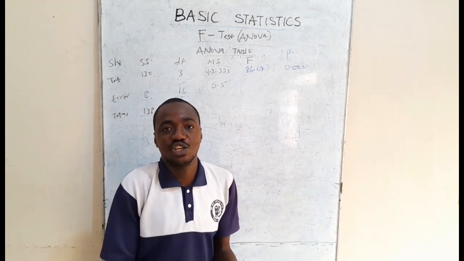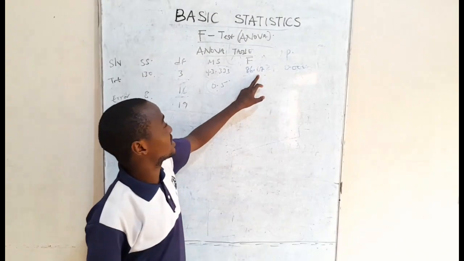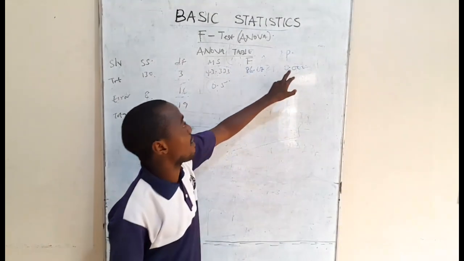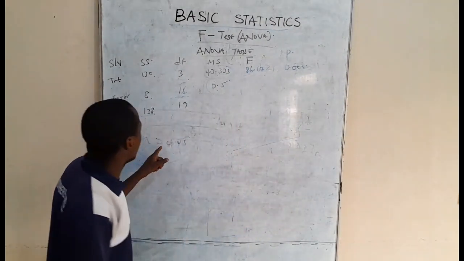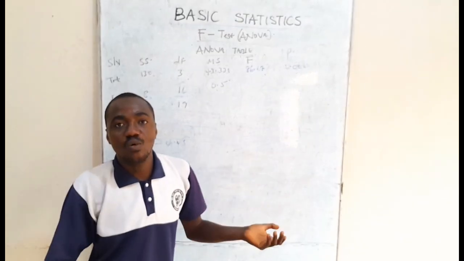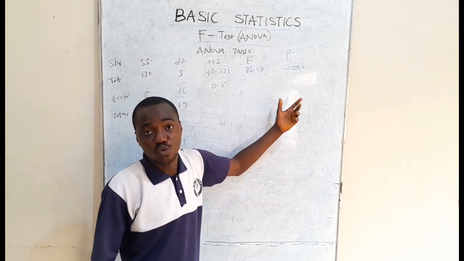Now we go to the decision. Since the F calculated is greater than the F critical, and checking the probability value, since our probability value of 0.00 is less than the alpha value of 0.05, we reject our null hypothesis. If we conclude, at least the mean of one is not equal to the other.